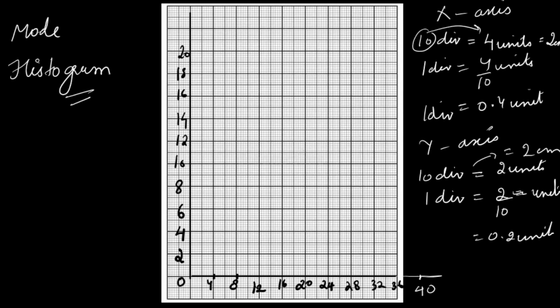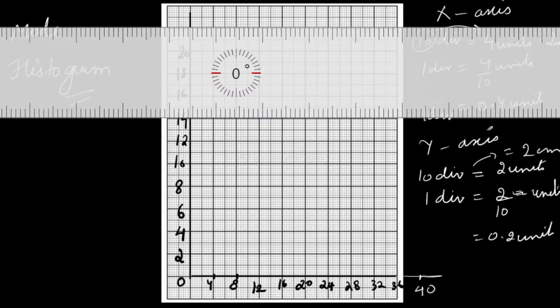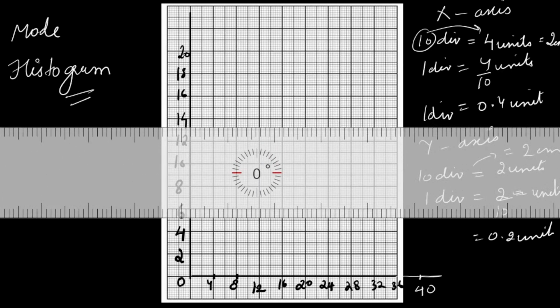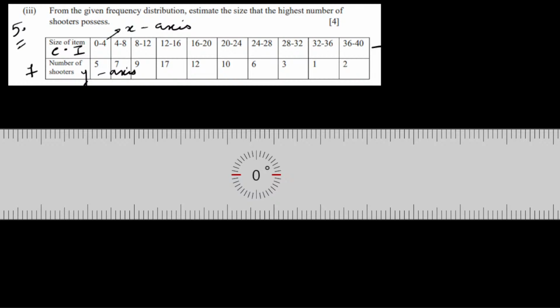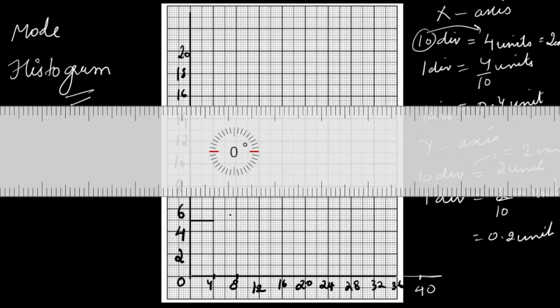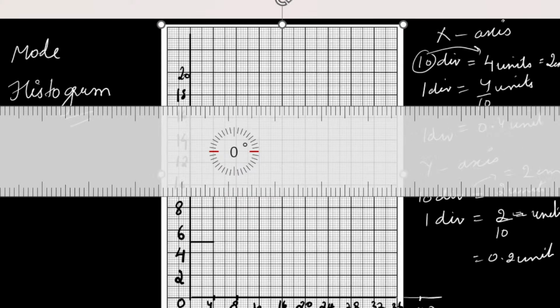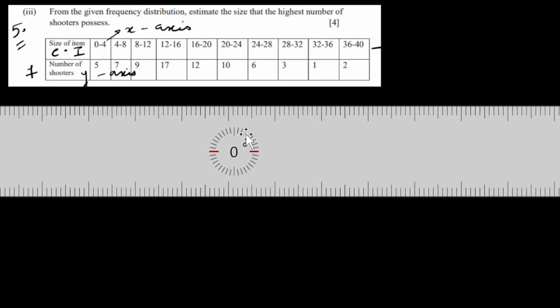So first one is 0 to 4. The frequency of 0 to 4 is 5. Then 5 to 9 is 7. First I am just drawing the vertical lines.